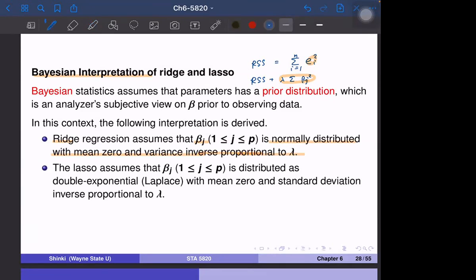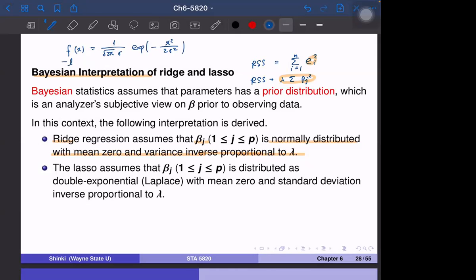Okay. Remember that the normal density is equal to 1 over the square root of 2 pi sigma times the exponential of negative x squared over 2 sigma squared.